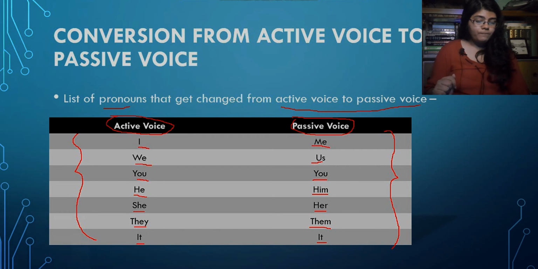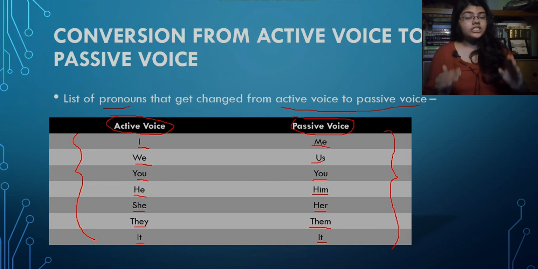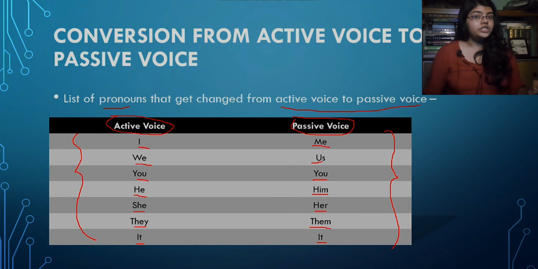Alright, so these were all the rules that you need to know now to understand active voice and passive voice, to understand the conversion of active voice to passive voice. This is all about today's video. From the next video, we will actually see some conversions from active voice to passive voice. Alright, so this was voice change, active voice and passive voice part 1.